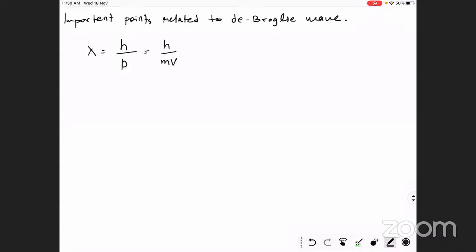Now assume we have two different particles of the same mass, but they have different velocity. What will be the ratio of their de Broglie wavelength?